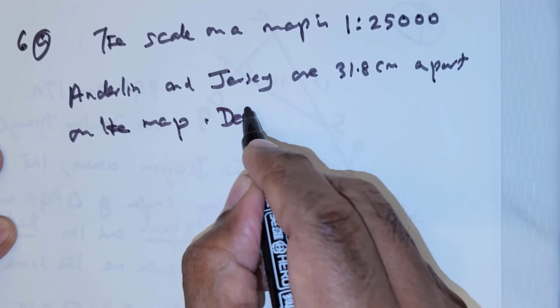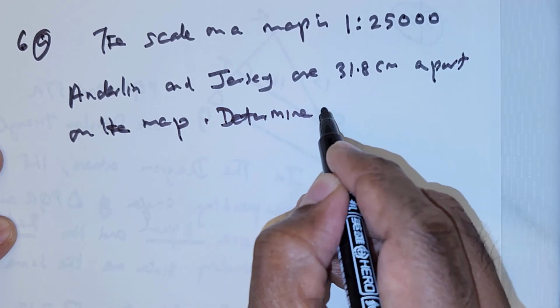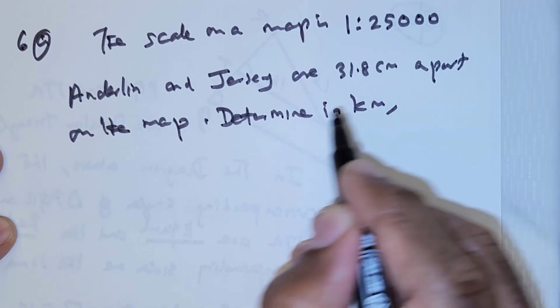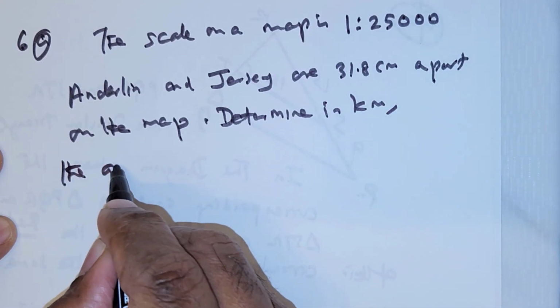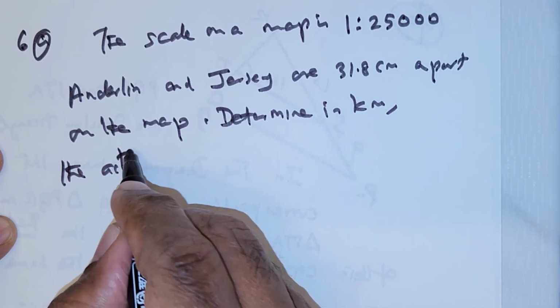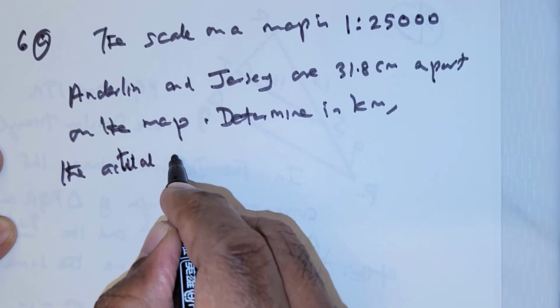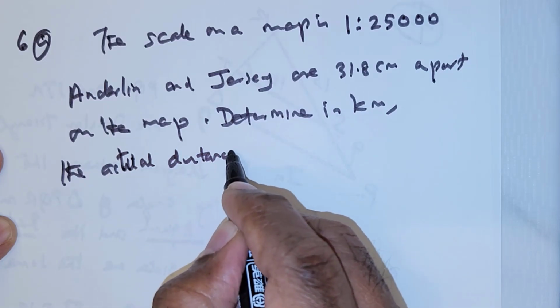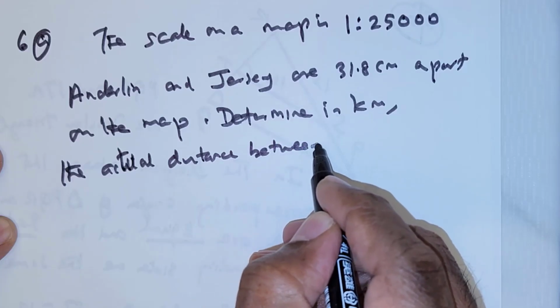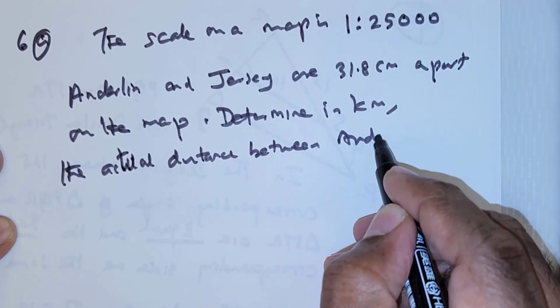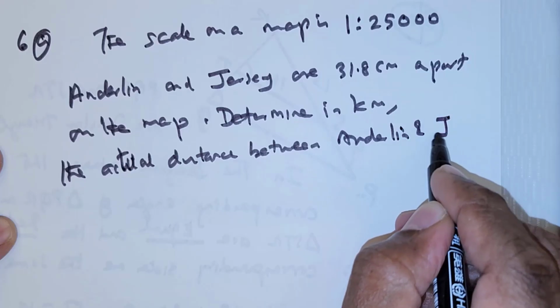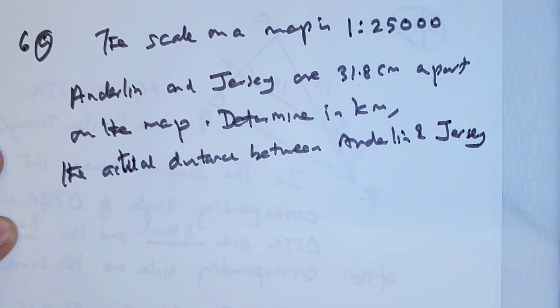Now determine, in km, the actual distance between Anderlin and Jersey.